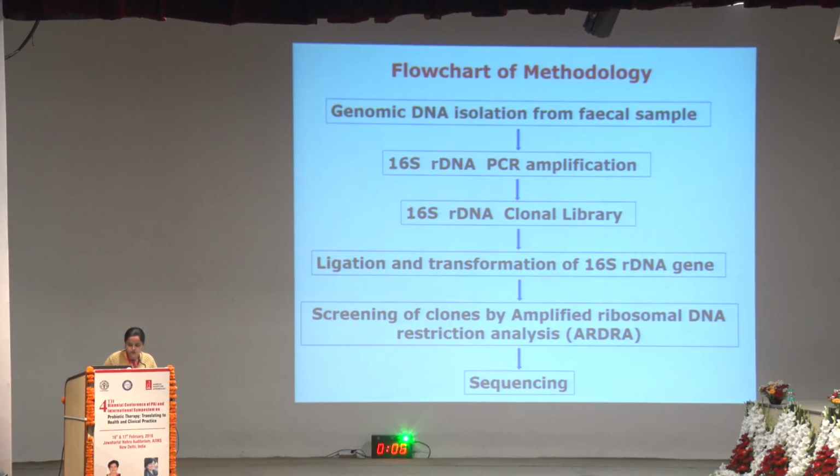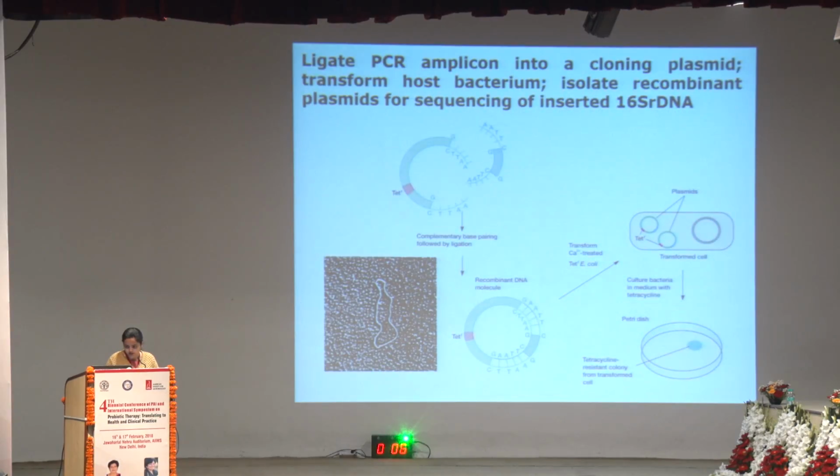Genomic DNA isolation from fecal samples was done, and then 16S rDNA PCR amplification was done, and then we prepared the clonal libraries, and then ligation and transformation of the 16S rDNA gene was done, and then we screened the clones by using amplified ribosomal DNA restriction analysis. Later we carried out the sequencing, and analysis was done using RDP, the Ribosomal Database Project.